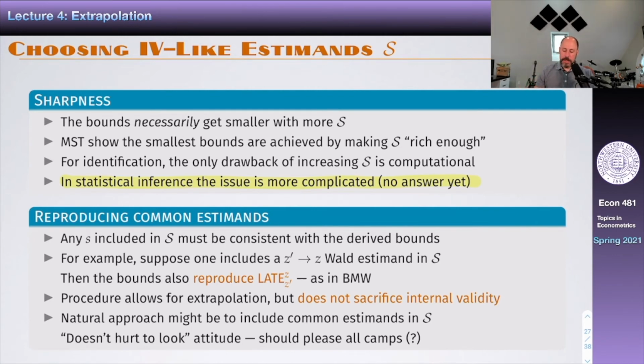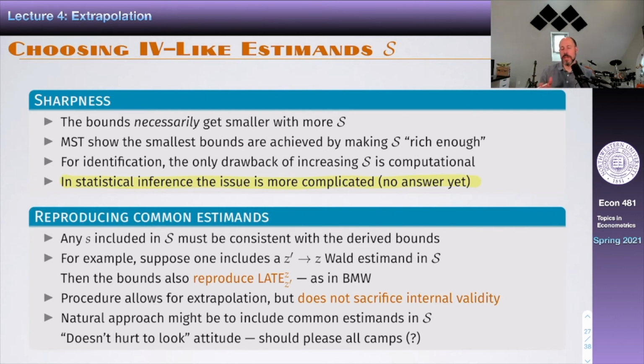Any S I wrote here, including S, must be consistent with the derived bounds. So for example, suppose that you just include one LATE parameter, so the bounds are going to be able to reproduce the LATE. What's good is that you will have a model that will identify a marginal treatment effect.